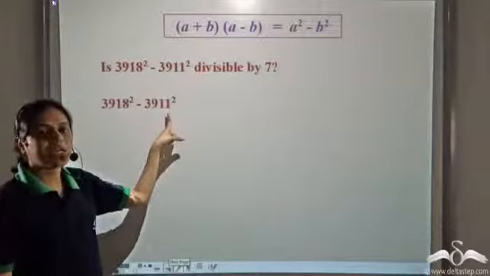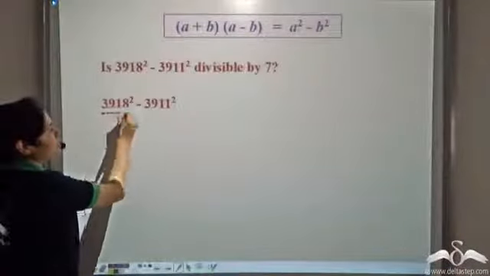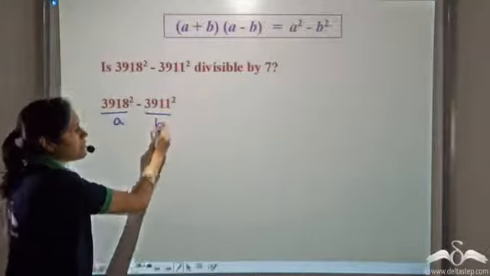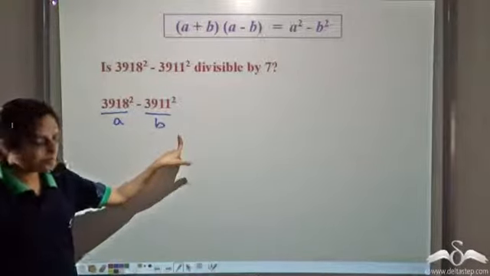3918 square minus 3911 square. If we take 3918 as A and 3911 as B, this becomes A square minus B square.